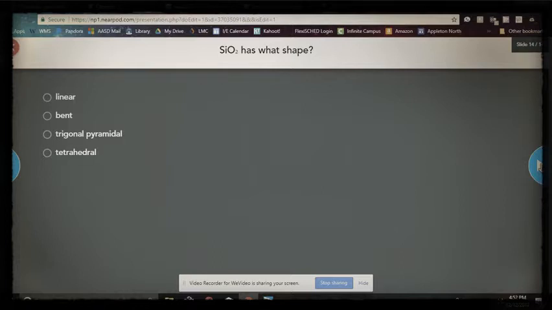Sorry, it would be linear. So that one would be linear because there would be no lone pairs on the Si. So SiO2 is linear, 3 atoms, no lone pairs on the central atom. So you do that by either building it or by writing the Lewis structure for it.